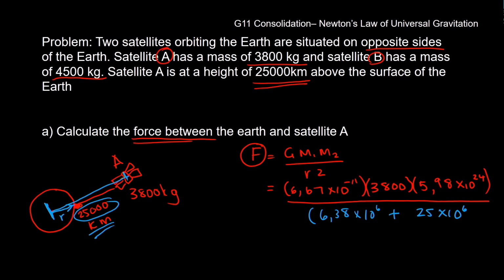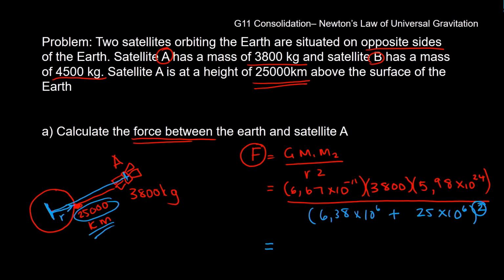I add those together, and what do I have to do? I have to square them. Once I have used my scientific calculator and popped all these values in, don't forget to square the total distance between the center of Earth and the satellite.